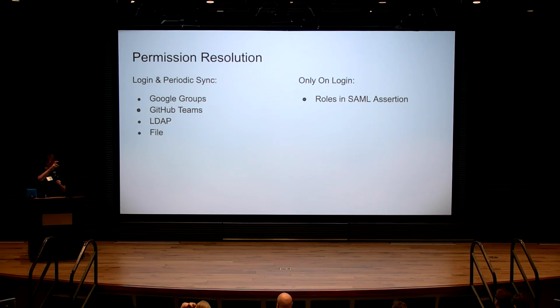Similarly, there's also another one using SAML, because the SAML assertion that comes over not only validates that you are who you say you are, but some SAML implementations will also send your groups over. And this is a great thing. This is actually how Netflix does it currently.